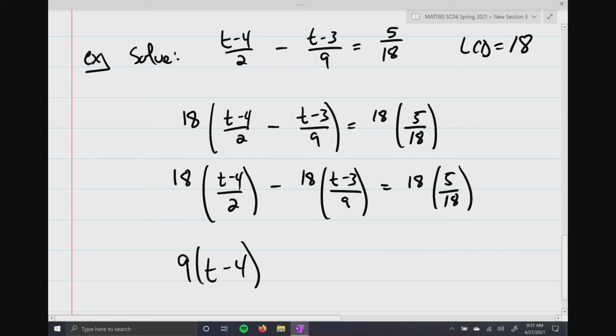Same thing in the middle. 18 divided by 9 is 2, so this is going to be minus 2, parenthesis, quantity of t minus 3. On the right-hand side, it's just 18 times 5 over 18, so that's just going to be 1 times 5.